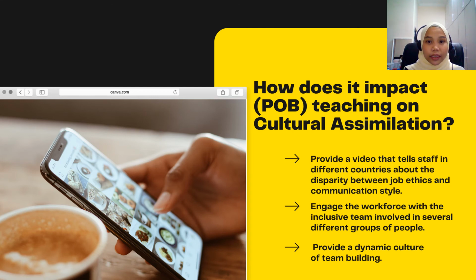Second, engage the workforce with an inclusive team involving several different groups of people. This constructive approach aims to put employee skills and abilities into line with corporate priorities and goals. Third, when workers are well handled, they are inspired to give back to the institution by providing a dynamic culture of team building.